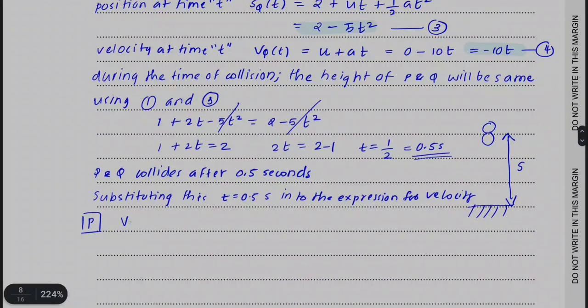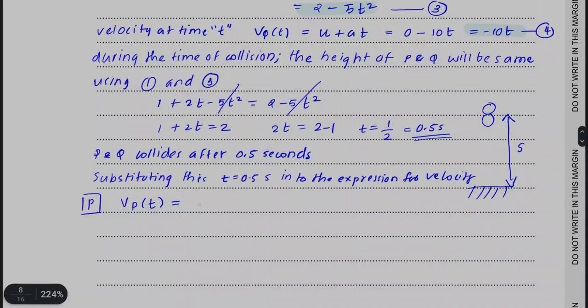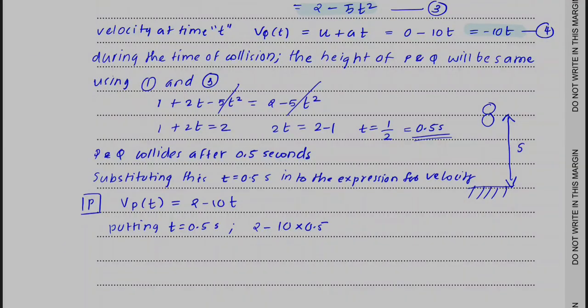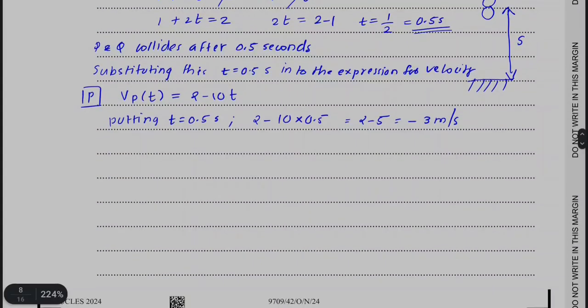So V of P with respect to time is equal to 2 minus 10t. Putting t equal to 0.5 seconds, we get 2 minus 10 into 0.5, which is equal to 2 minus 5, which is equal to minus 3 meter per second. This is the expression for velocity.